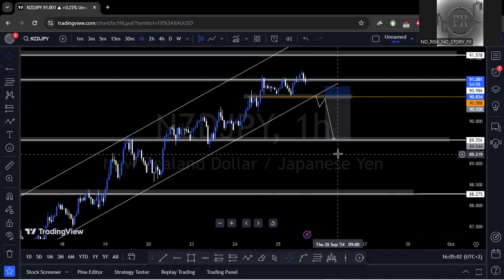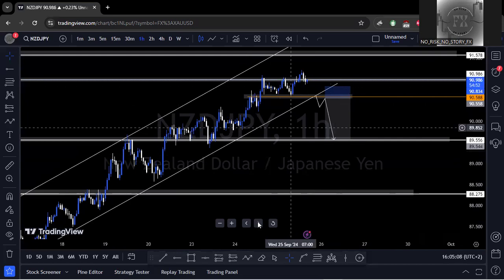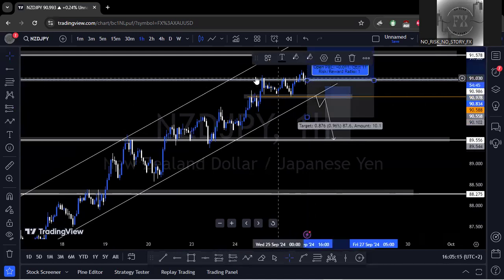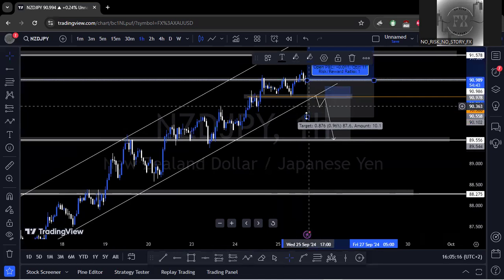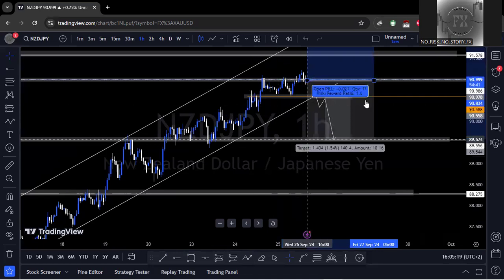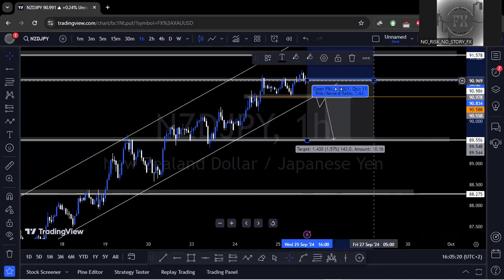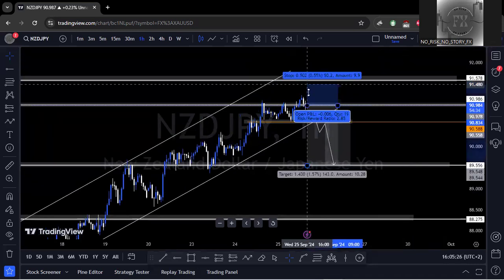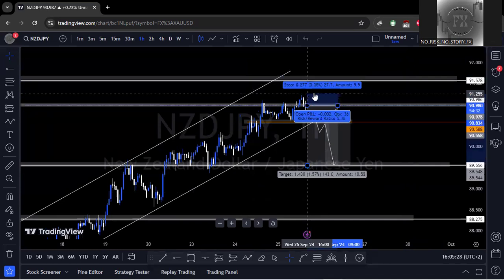And guys, it's important for your setup to make you wait, because some people may just want to enter here. They think the market is coming back to this structure here, so let me just enter my sales and then hold them to the downside. Then they put their stop losses above here, right?